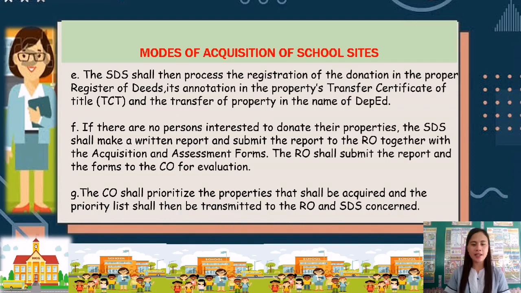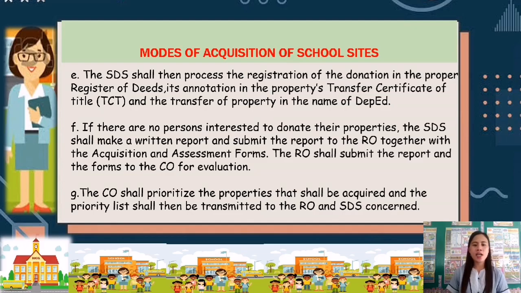Letter E. The schools division superintendent shall then process the registration of the donation in the proper Register of Deeds, its annotation in the property's Transfer Certificate of Title, or TCT, and the transfer of the property in the name of the Department of Education.